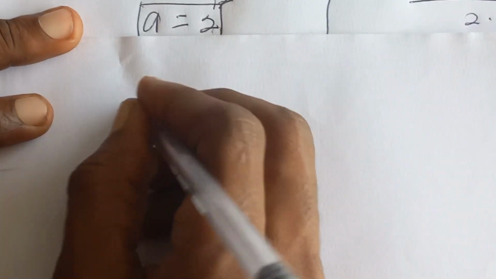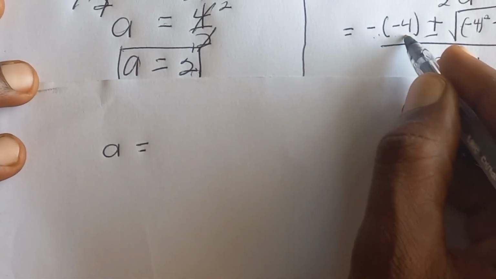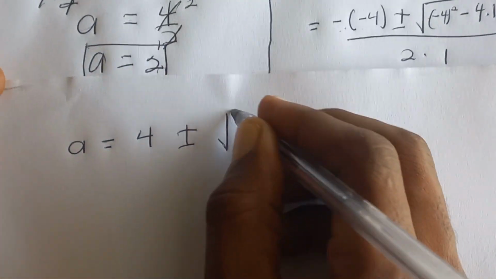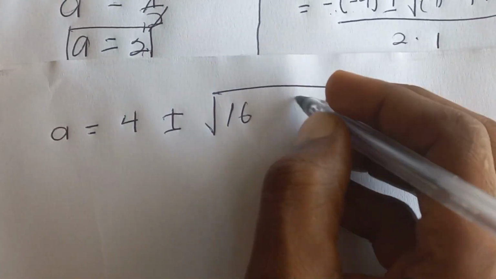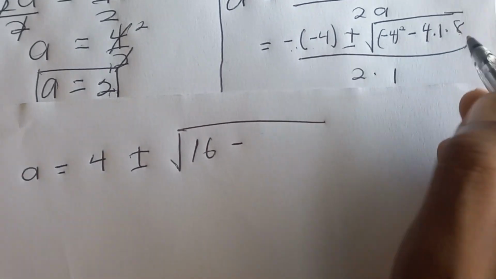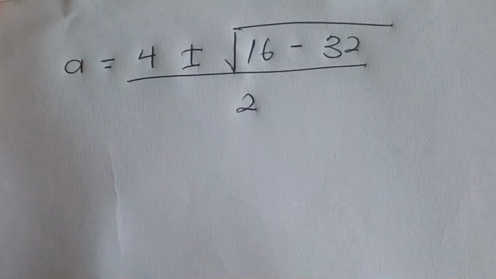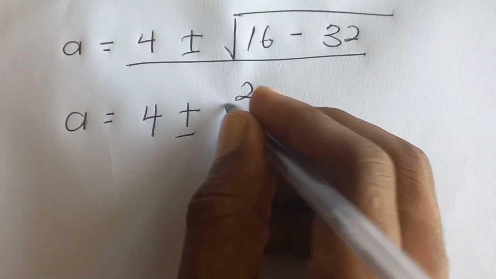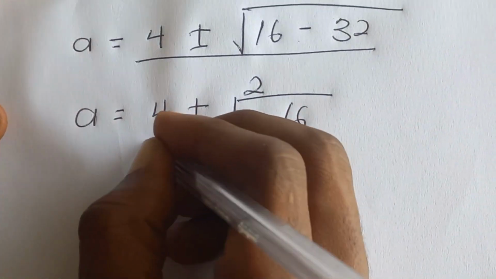So 4 squared is 16, and 4 times 1 times 8 is 32. So our a is equal to 4 plus or minus root of 16 minus 32, which is -16, all on 2.